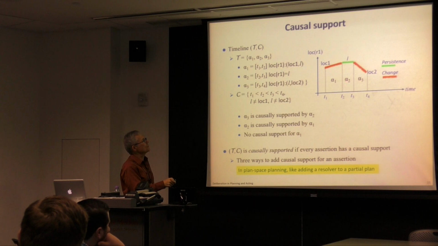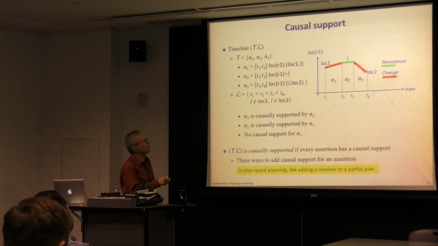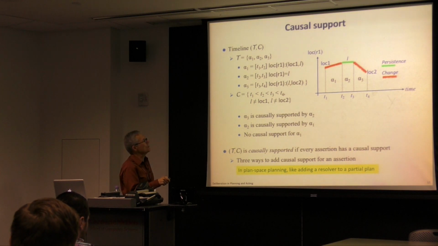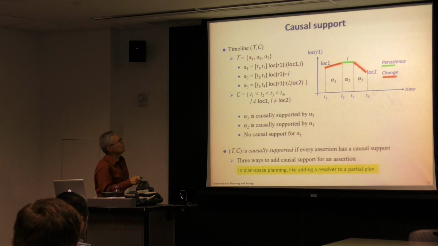This second one, alpha 2, provides causal support for that one, because this one needs the robot to be at location L starting at time t3. This is what gives it to us. Similarly, this temporal assertion provides the causal support for that one, because it puts the robot at location L at time t2. For this one here, we don't have any causal support.